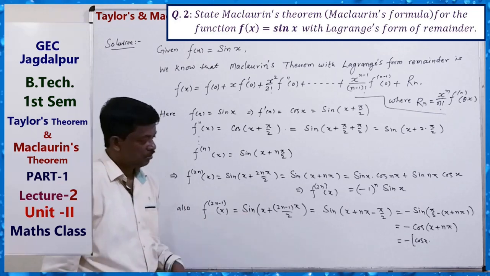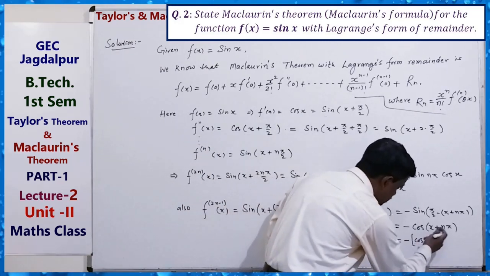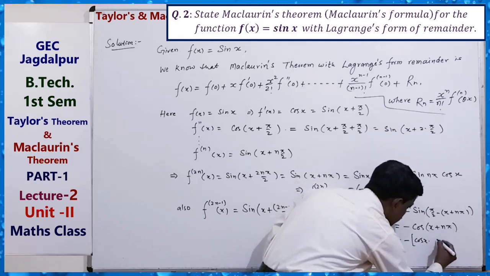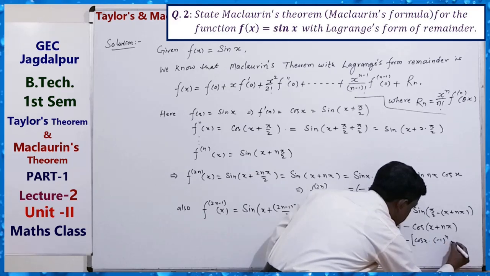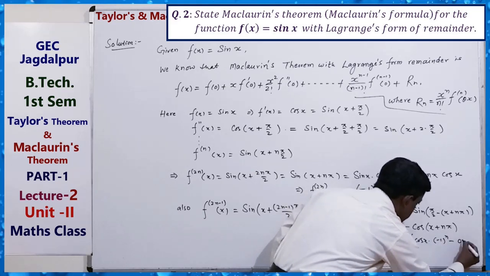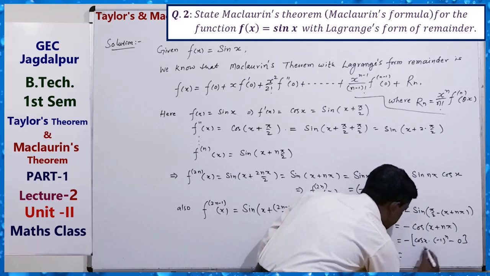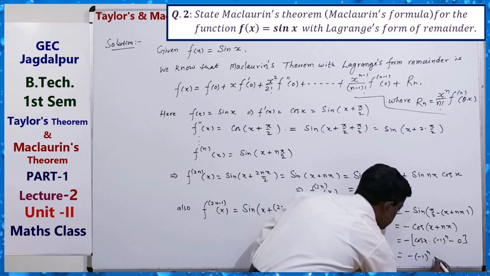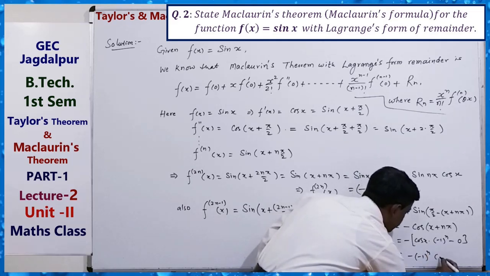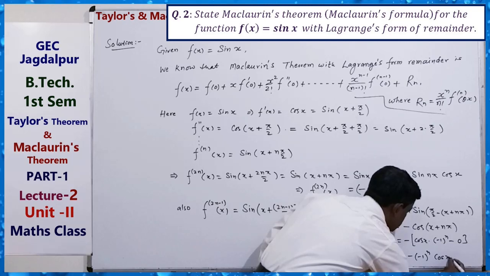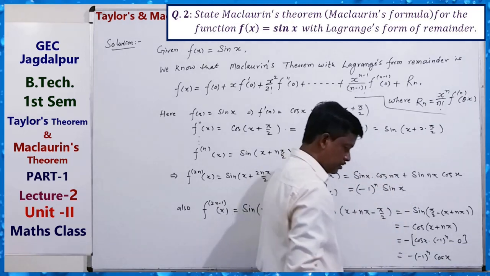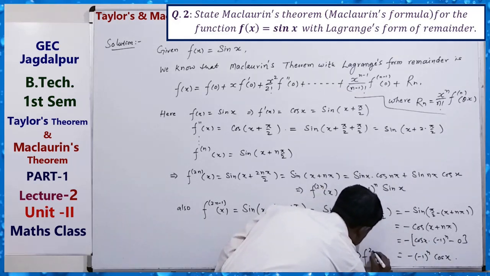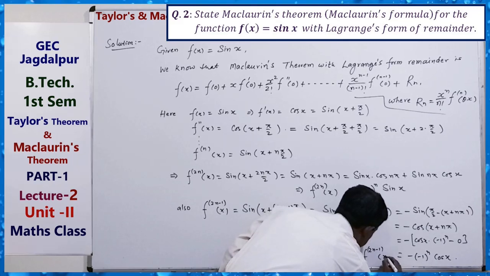So what will be the value here? Using cos a cos b minus sin a sin b, cos x into cos n pi gives minus 1 to the power n, minus sin x sin n pi, which is 0. So this is equal to minus 1 to the power n cos x. This implies f to n minus 1 x equals this.